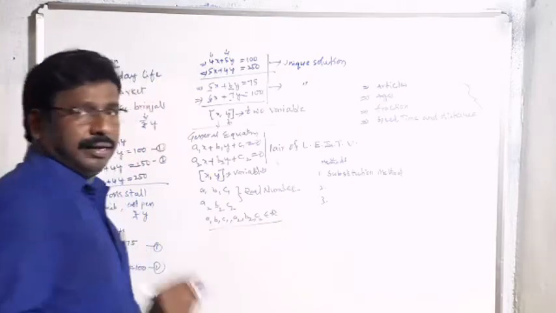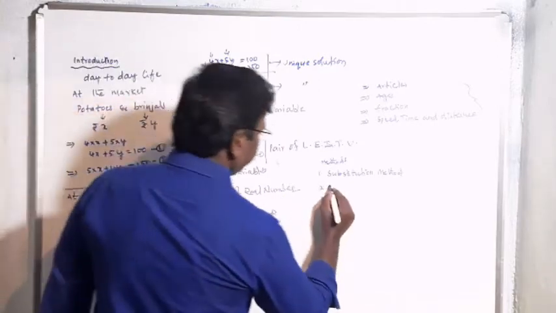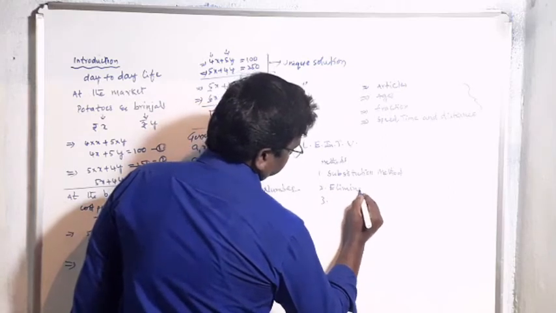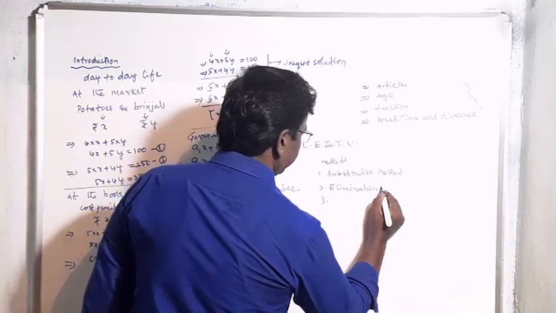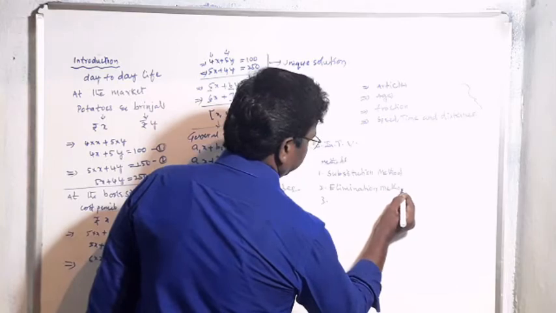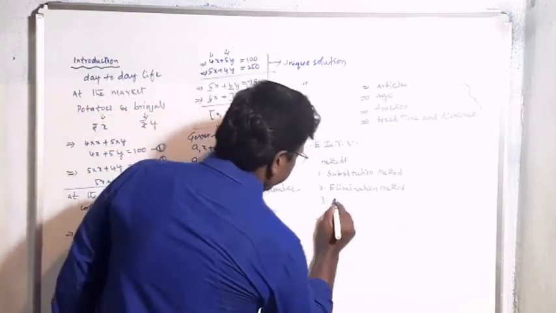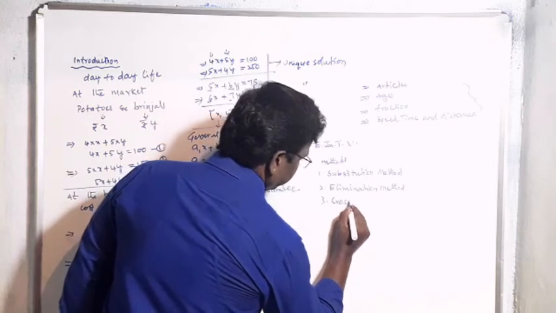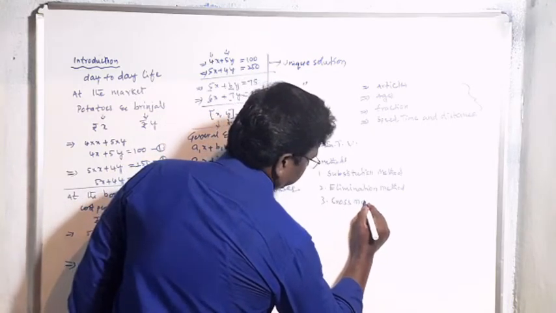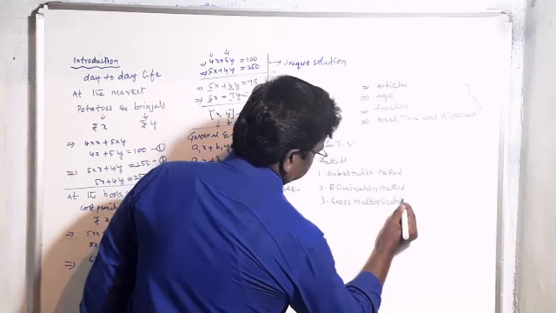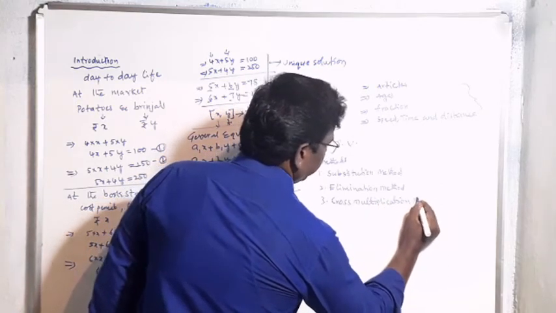Second one, elimination method. Third one, cross multiplication method.